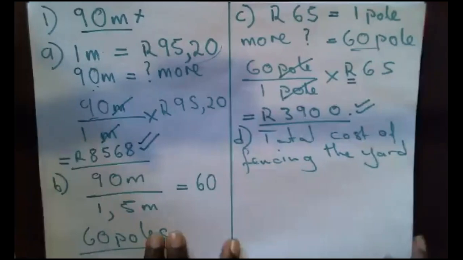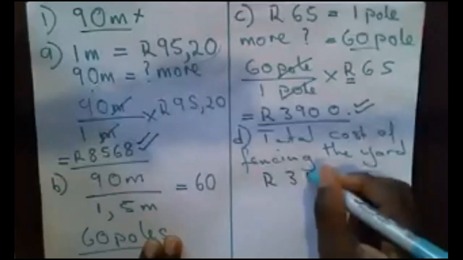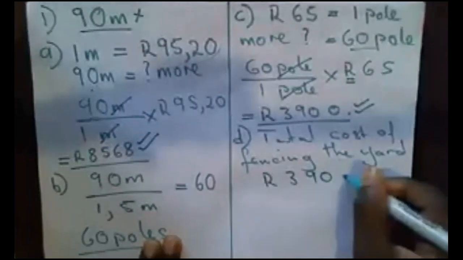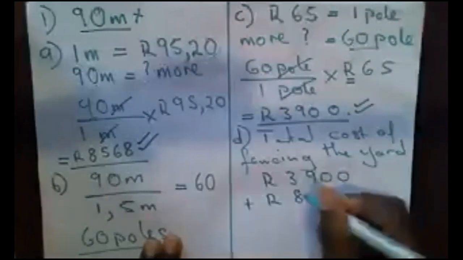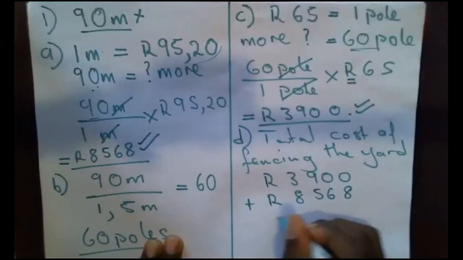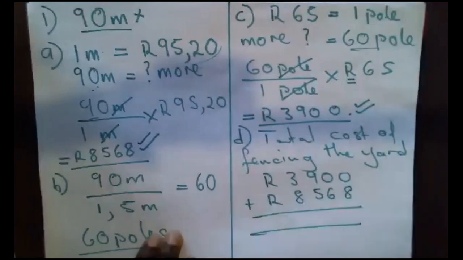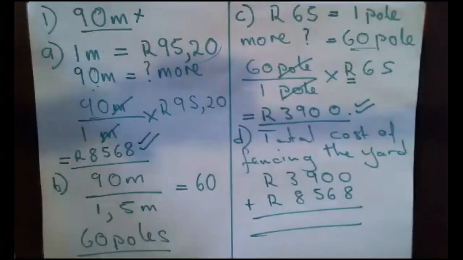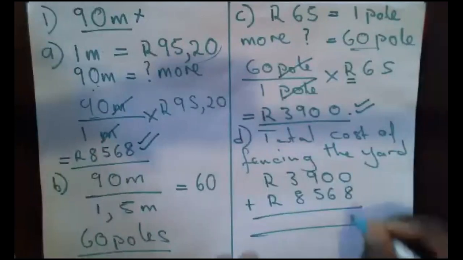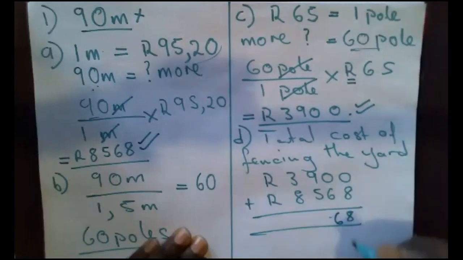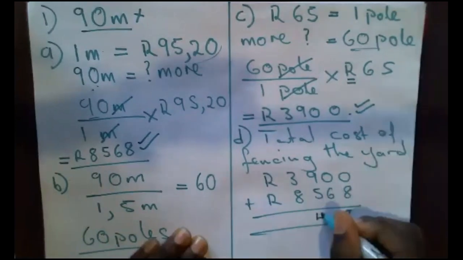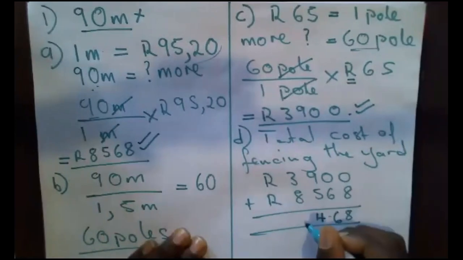So we are just saying 3,900 plus 8,568. So that's how you get the correct answer. Here we have an 8, here we have a 6, here we have a 4, here we have a 12.